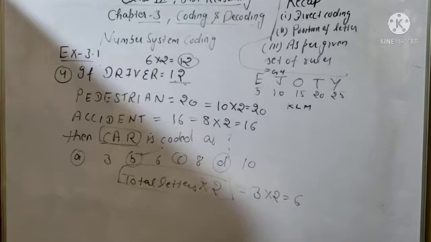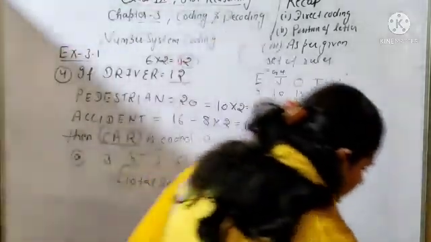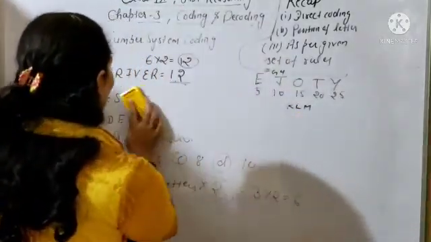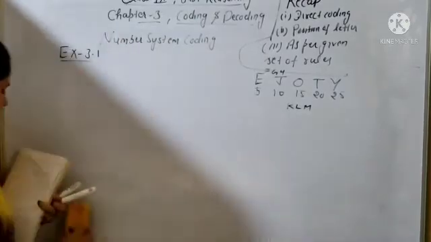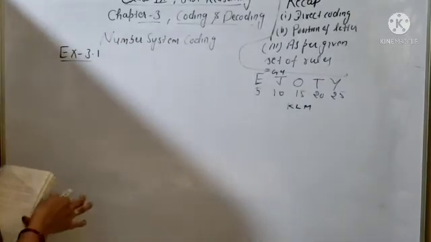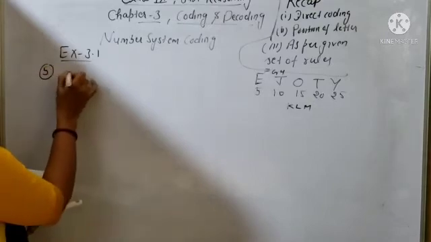Is it clear? Okay, one more question I am explaining. Question number 5. This is something tricky, beta.